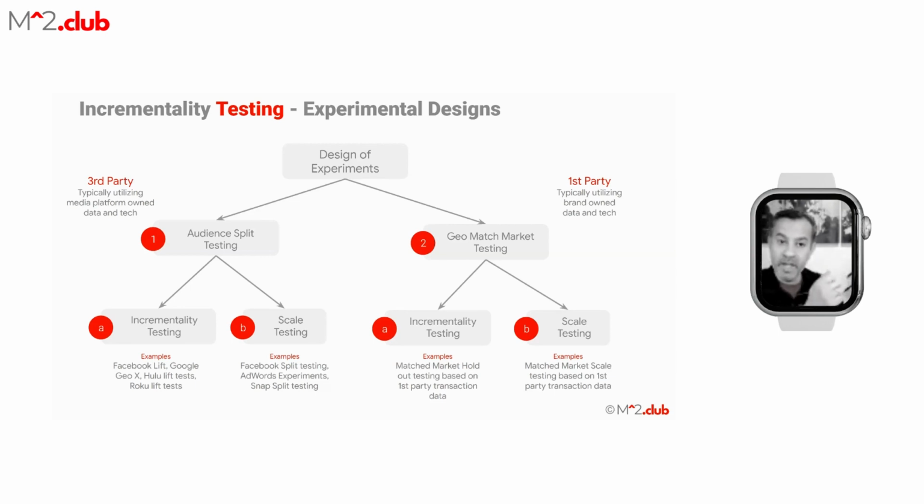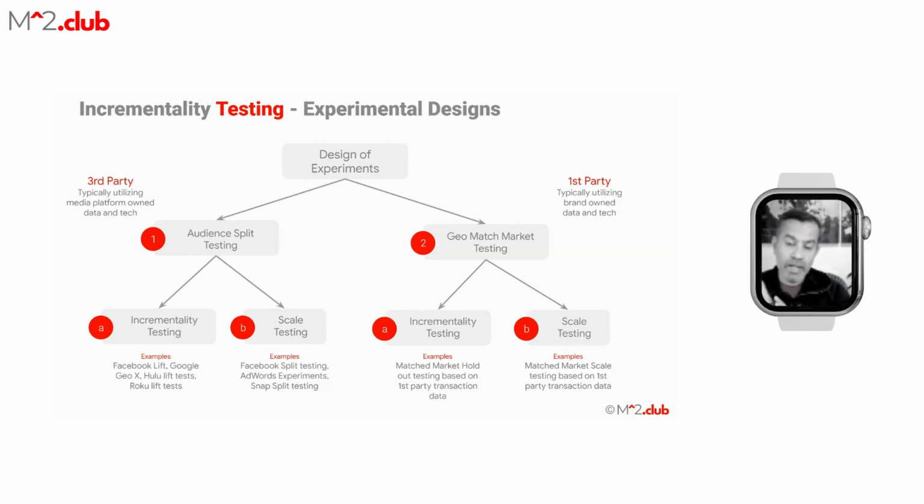So you remove all those anomalies, and now you can take essentially the same approach for testing all channels. So you can be more certain that the results you're getting are comparable among the channels. Okay, so that's a reason why geo match market testing has really taken off in the last 5-6 years.